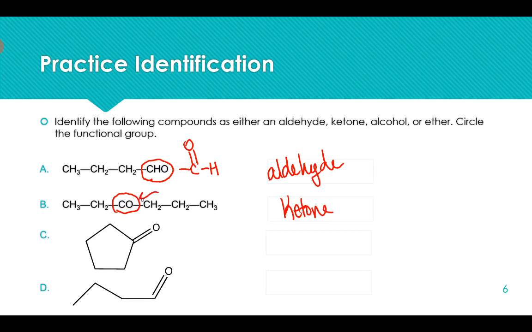We know it must be a ketone because the C has no H's. So it must be 2 bonds to other carbons and then 2 more bonds to that oxygen. Here's another functional group. There's our carbonyl, and it's bonded to this point and that point, and so that is a ketone.